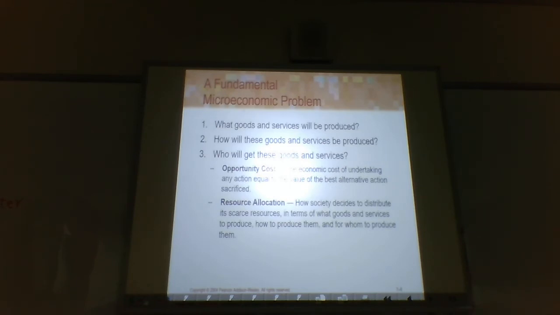So the fundamental microeconomic problem: what to produce depends on demand, what consumers want. And how to produce depends on what consumers want, and then the producer has to figure out what kind of factors of production they would need to produce the goods people need, okay? And who will get the products?